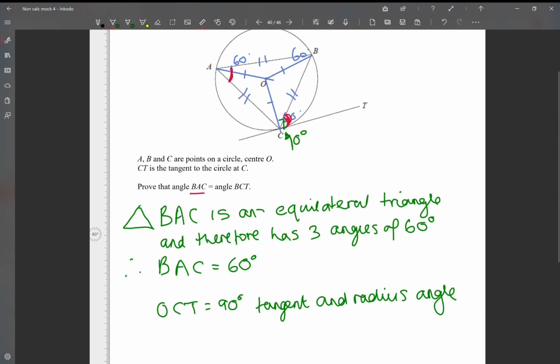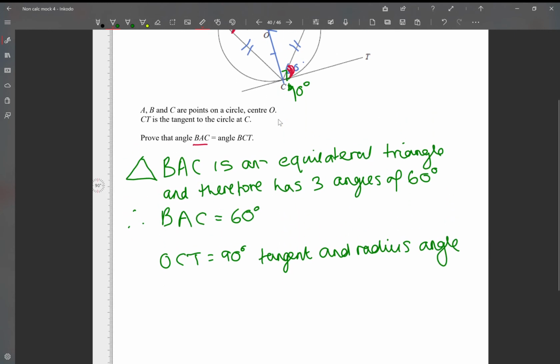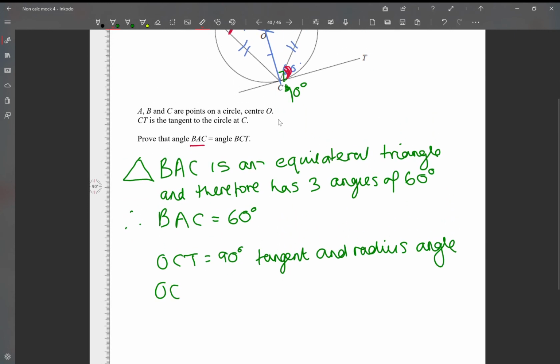And as that's 90 degrees, and each one of these angles is 60, but then this is going to split right down the middle of that. So therefore, this smaller angle here has to be 30. So that's OCB. OCB equals 30, and that is because that's half the 60 degrees from the triangle.